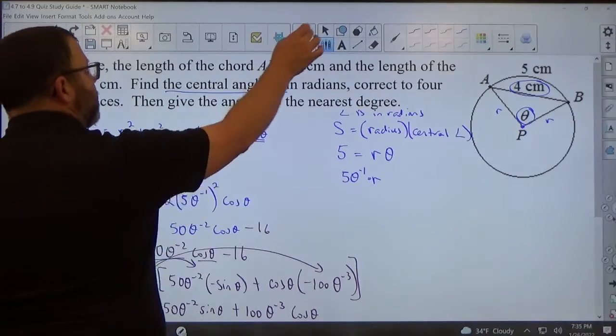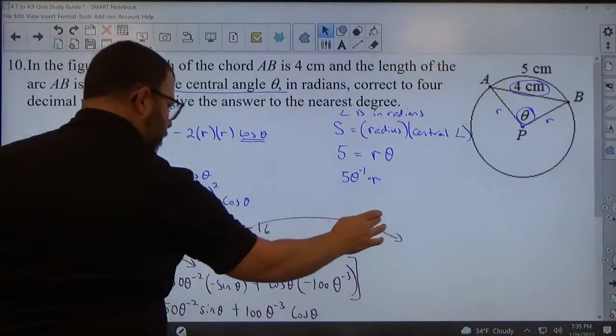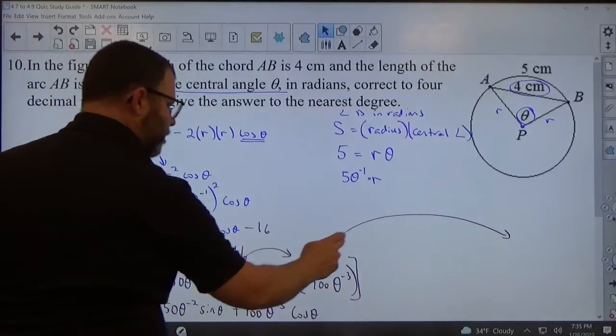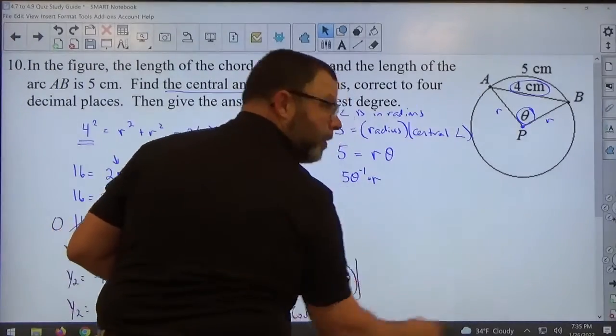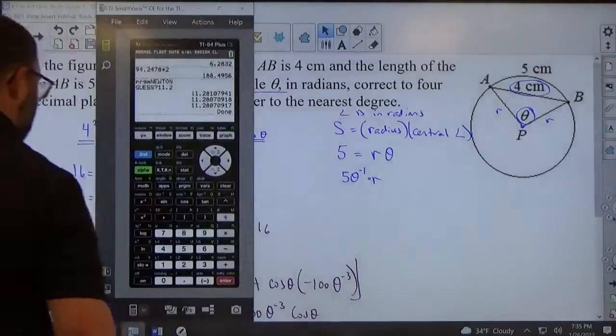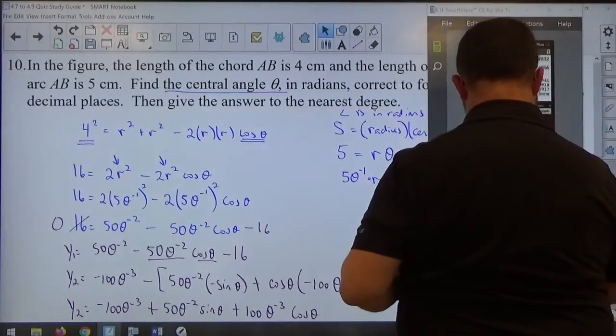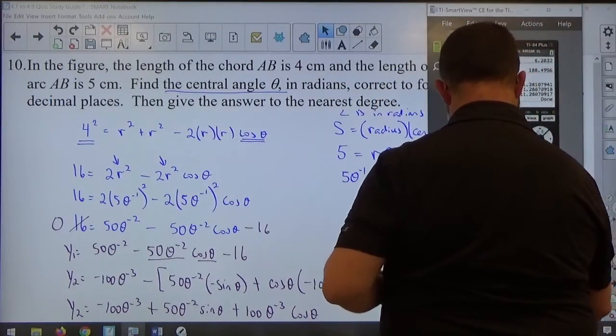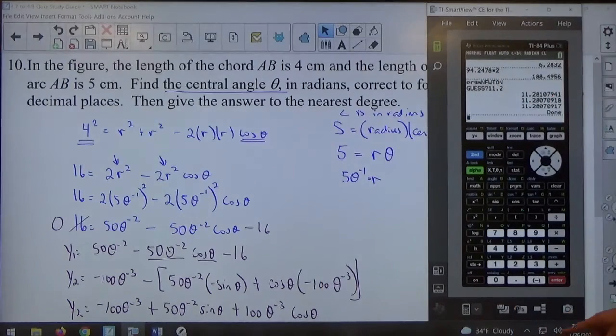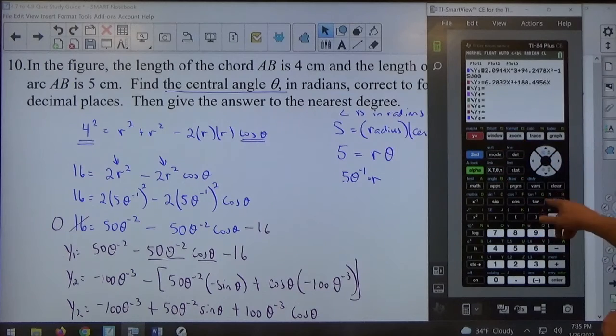Okay, so we officially have y1 and y2 figured out, and I'm going to get these out of the way so it's not hard to see. So if I type those in as y1 and y2, we're going to get 50, oops, y equals, clear that out.